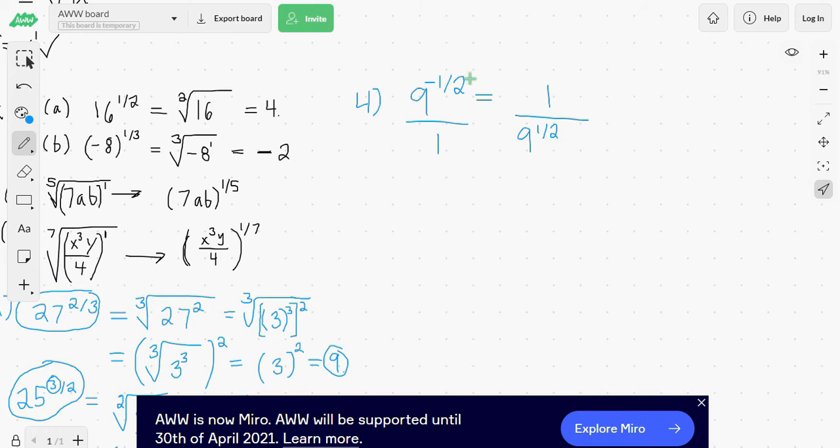We move the 9 to the bottom, and then we make the exponent positive. And now we know 9 to the 1/2 is the same thing as the square root of 9. I'll probably stop writing in the 2 for emphasis at this stage. The square root of 9 is just 3, so we get 1 over 3. So in other words, 9 to the negative 1/2 just equals 1/3.